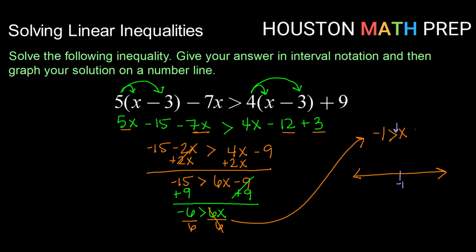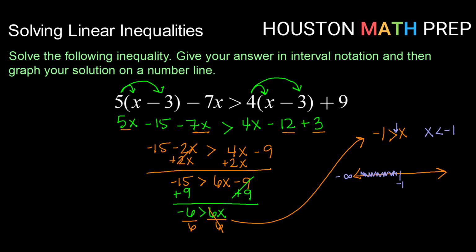So this is the same statement as x is less than -1. So -1 greater than x, or x less than -1, those are the same statements. So either way, I'm going to be shading below or to the left of -1, down towards -infinity.